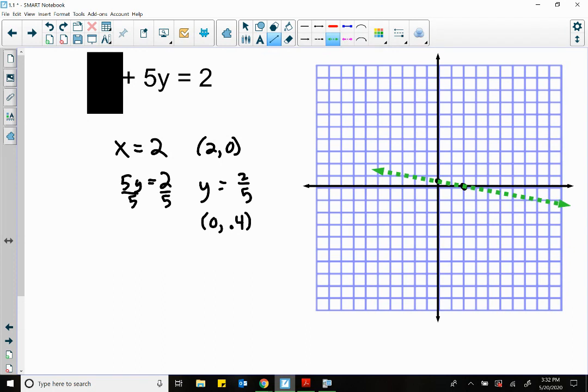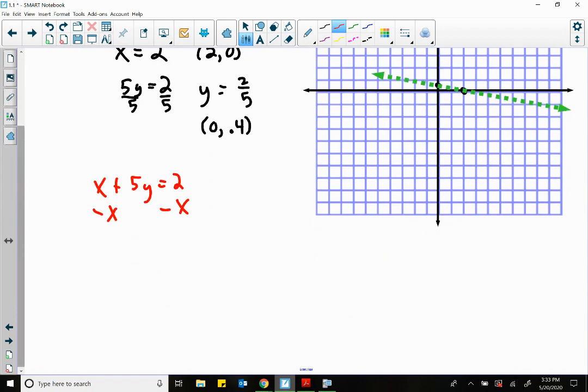Done. If you converted to slope intercept, nothing wrong with that. We've got x plus 5y equal to 2, minus x, minus x. So that gives us 5y equals negative x plus 2.